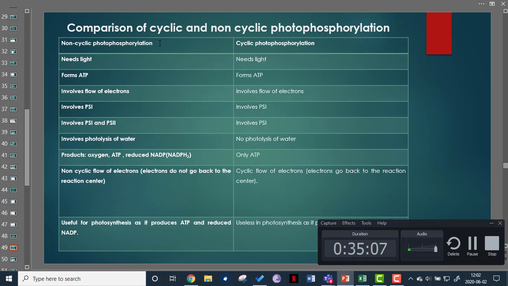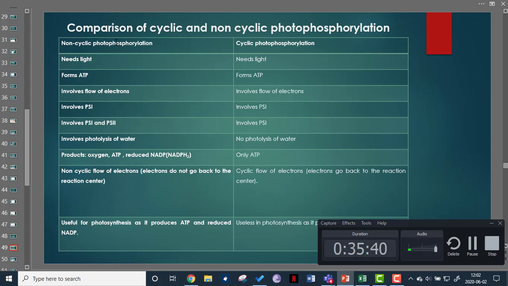If you look at these two cases, first I want you to understand that non-cyclic photophosphorylation involves both photosystem 1 and photosystem 2. But the cyclic photophosphorylation involves photosystem 1. Remember, photosystem 1 is P700, but the non-cyclic involves P680.